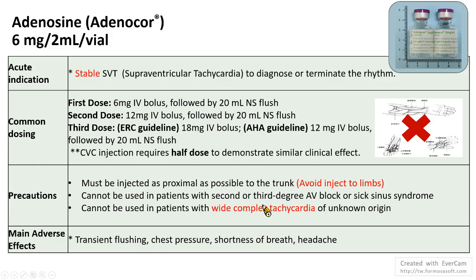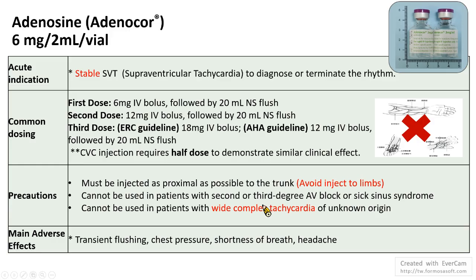The dosing here is important. We have a trial of 2 to 3 doses depending on different guidelines. The first dose is 6 milligrams IV push, followed by a 20 milliliter saline flush, and then go with the larger dose as the second, 12 milligrams IV bolus, and then have the flush as well.